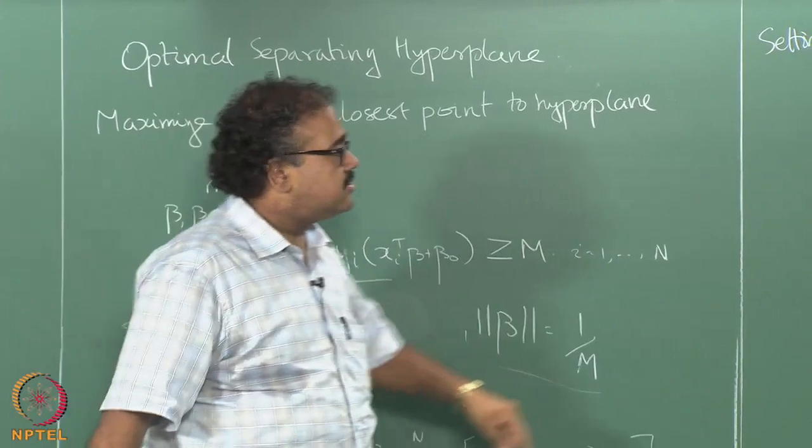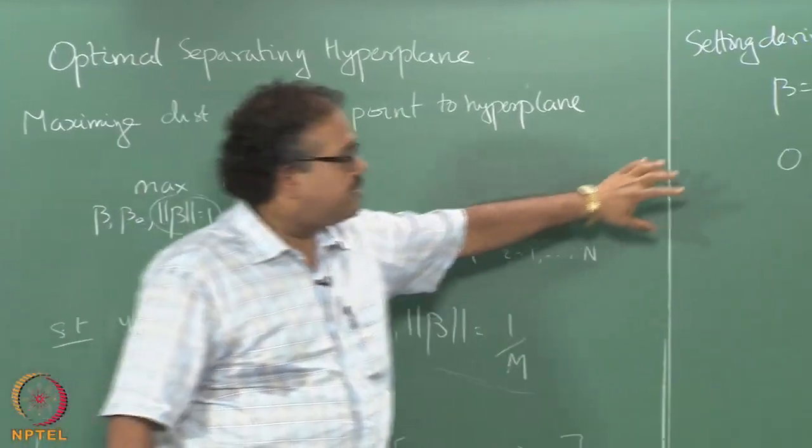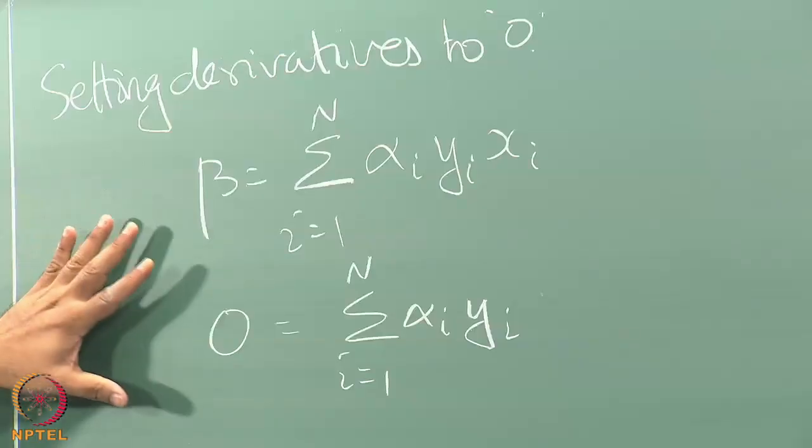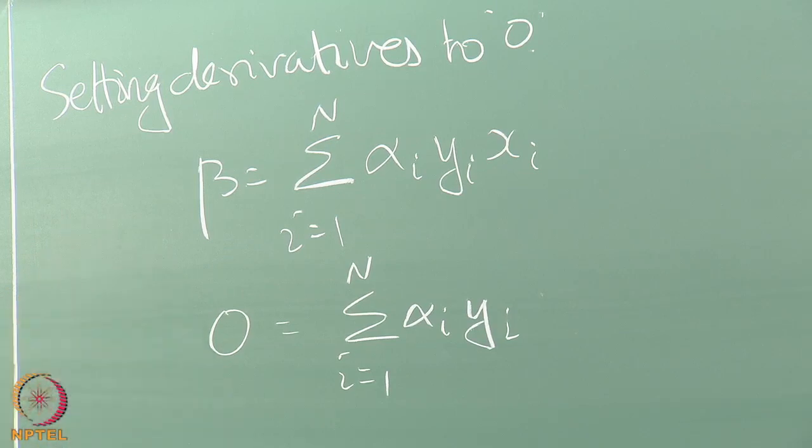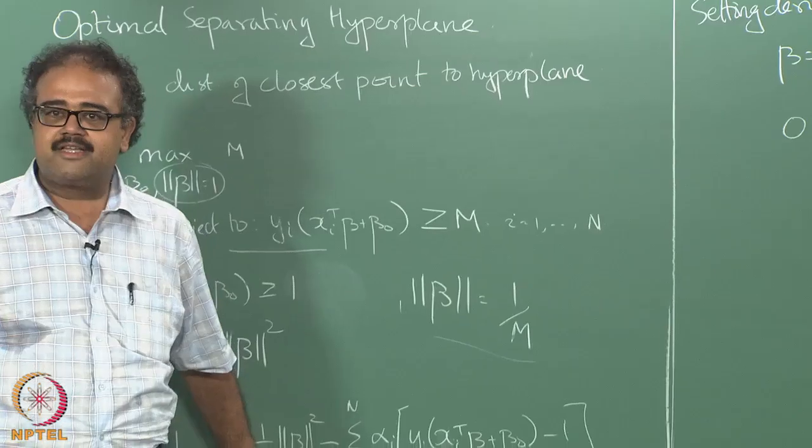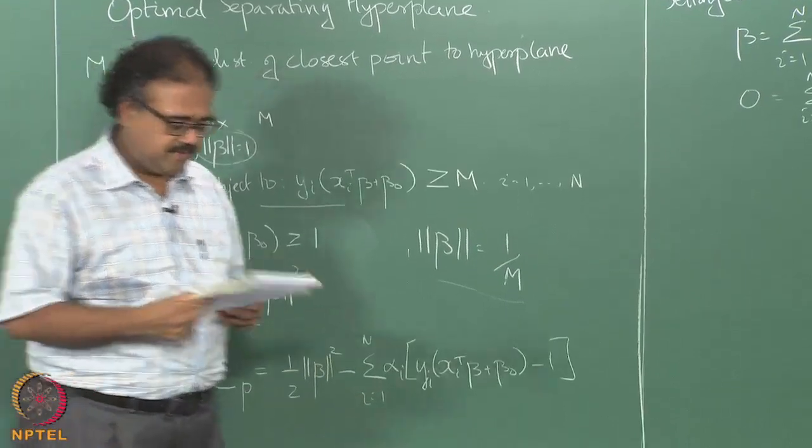Now this is where I am going to do some hand waving, but you can go through this computation. Take that, substitute into this, and do a lot of simplification.